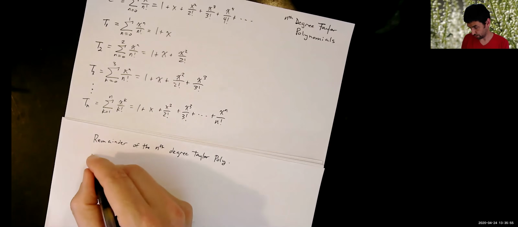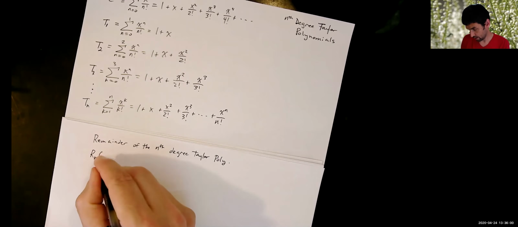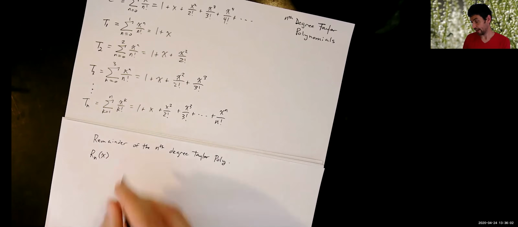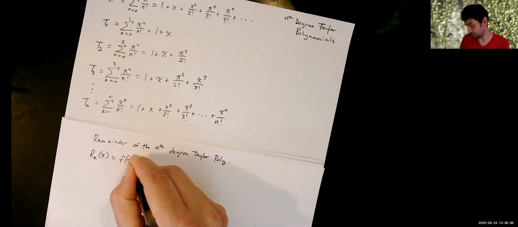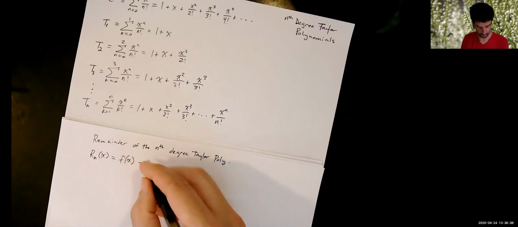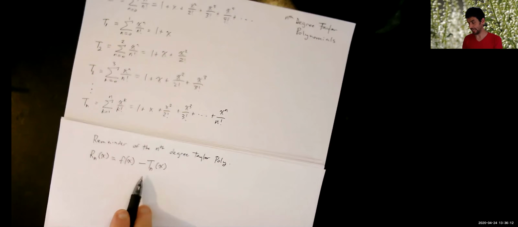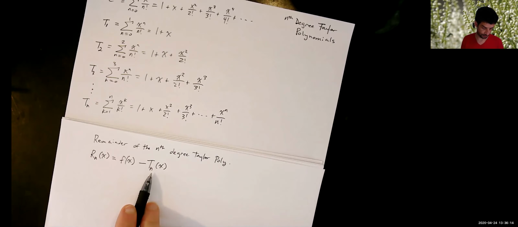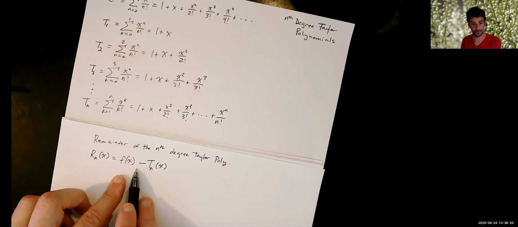So we'll call this R sub n of x. And all it is is the difference between the actual function and the approximation by the nth degree Taylor polynomial. That's all this is saying.